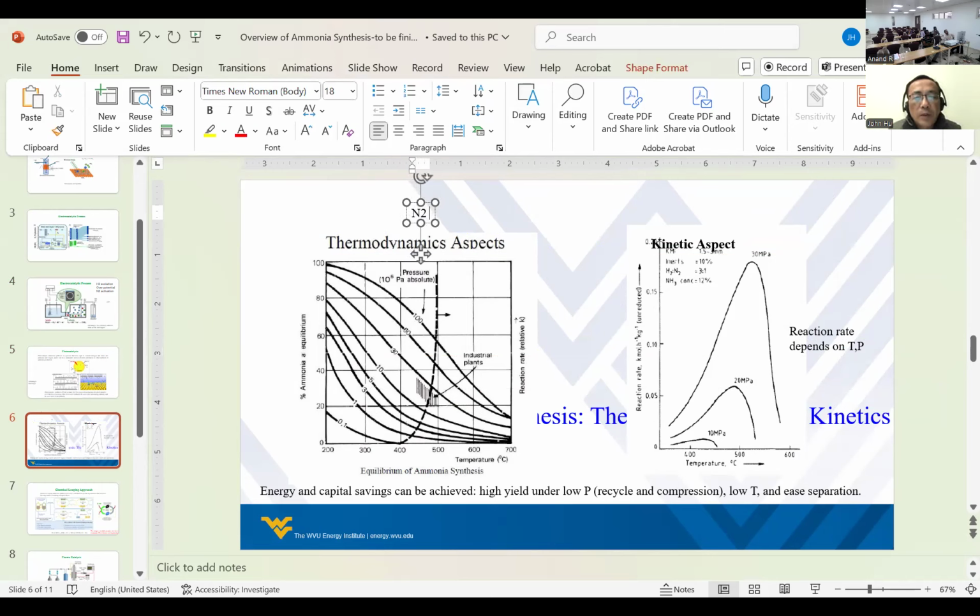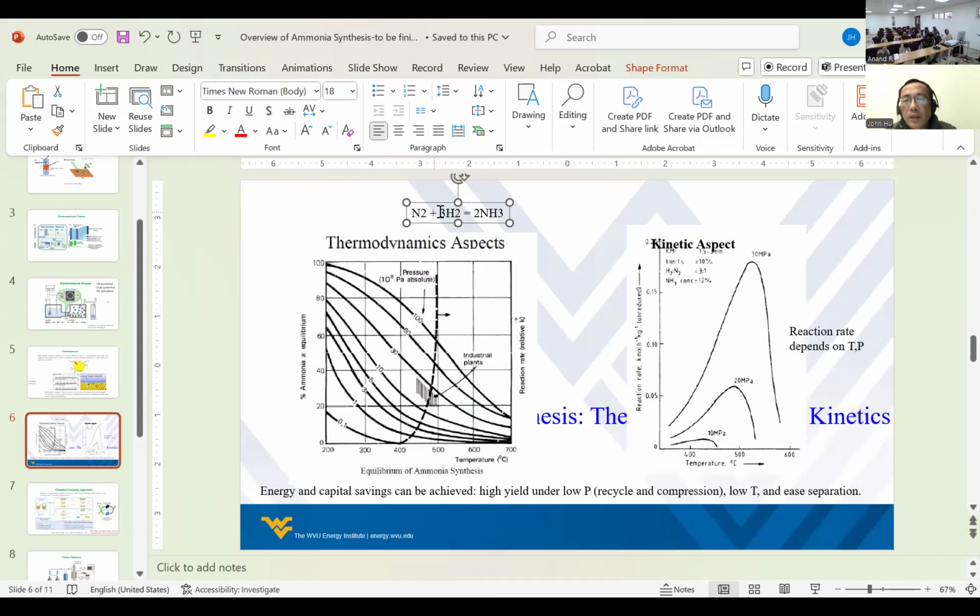So you have nitrogen plus hydrogen, and make ammonia. So basically, this reaction will not go to 100% completion. That means at any time, if you have a reactor, you have a mixture of nitrogen, hydrogen, and ammonia together. That means you will not convert the nitrogen completely.